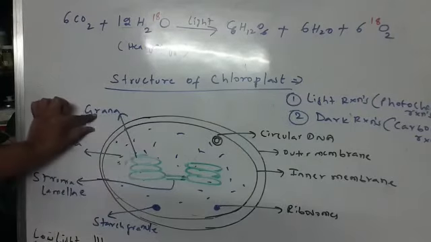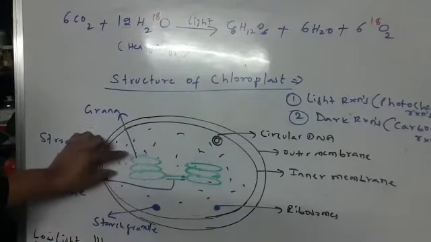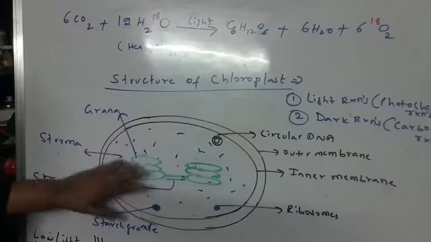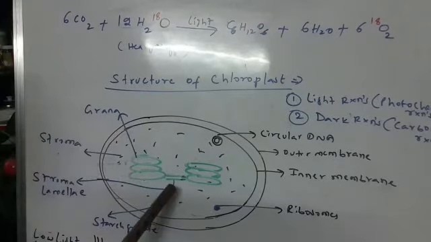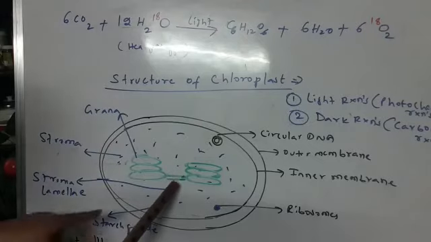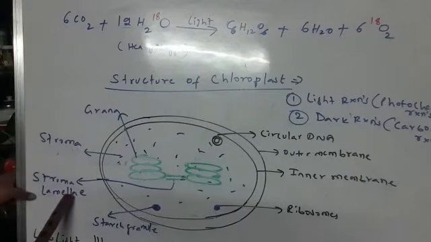These are grana. Here we can observe the thylakoid membrane, and the membrane which connects the grana is known as stroma lamellae.